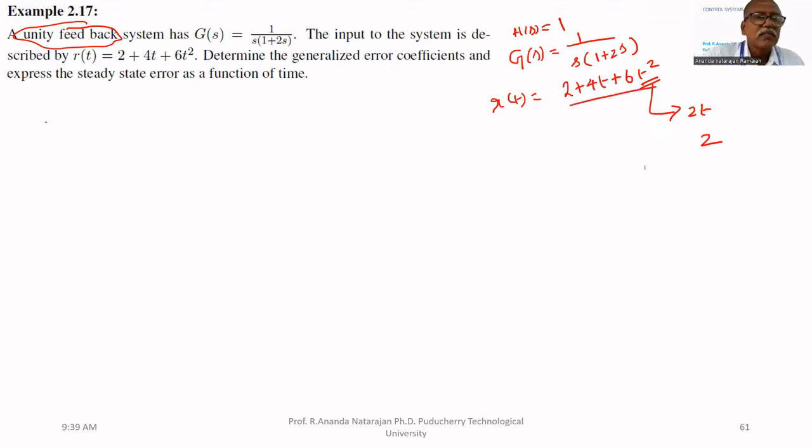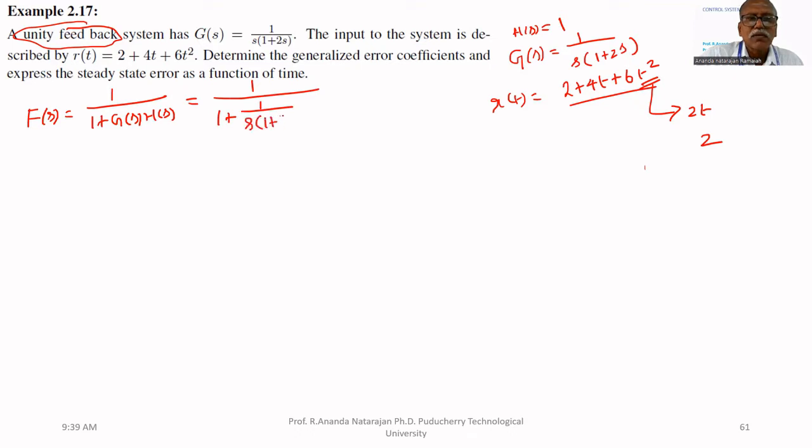Now we will find F(s), which is required. F(s) equal to 1 upon 1 plus G(s)H(s). H(s) equal to 1. Therefore, 1 upon 1 plus 1 by s multiplied by (1 plus 2s), multiplied by 1. Therefore, s multiplied by (1 plus 2s) upon s multiplied by (1 plus 2s) plus 1.